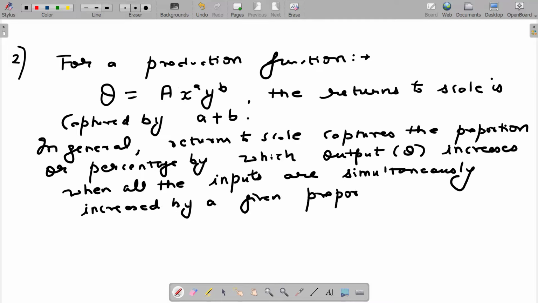When all the inputs are simultaneously increased by a given proportion or percentage.